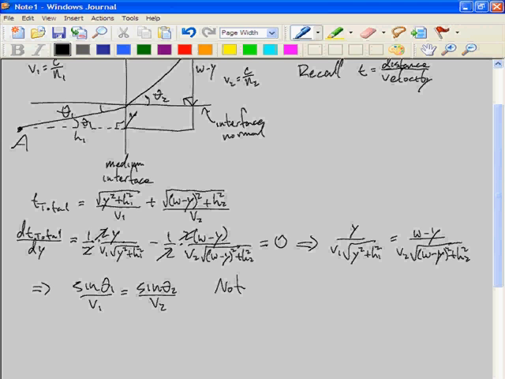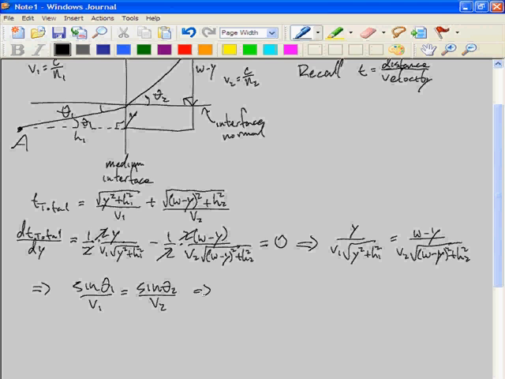Now, note that the speed of light through the medium can be written as the speed of light through the vacuum over the index of refraction.